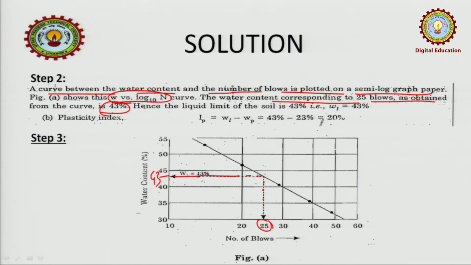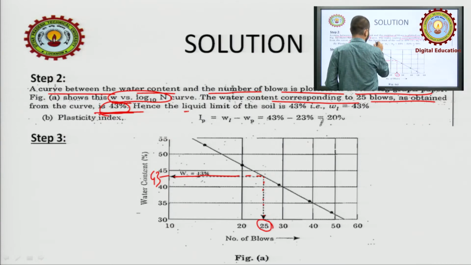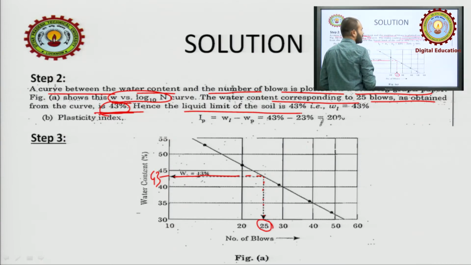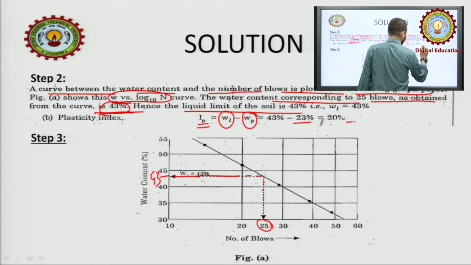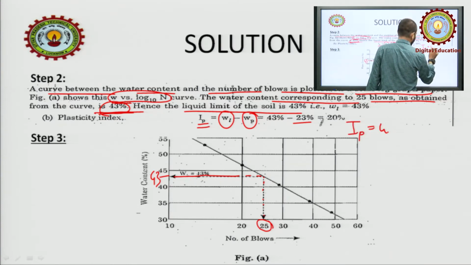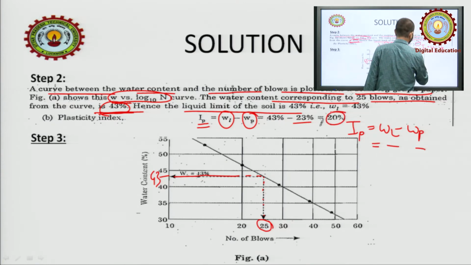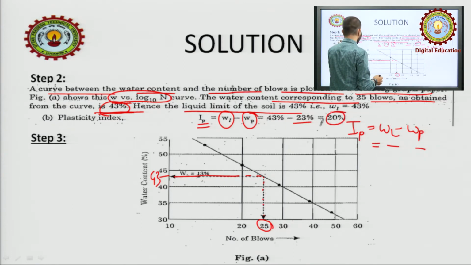Remember, we find the water content corresponding to 25 blows, which becomes our liquid limit. So here our liquid limit is 43%. Now, we were given the plastic limit in the question and we have found the liquid limit. So IP, what is IP?